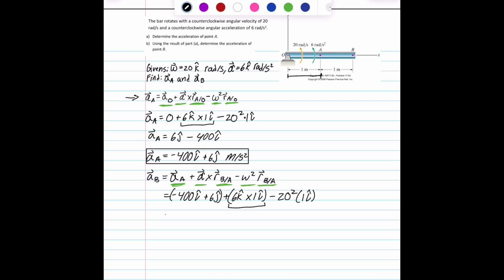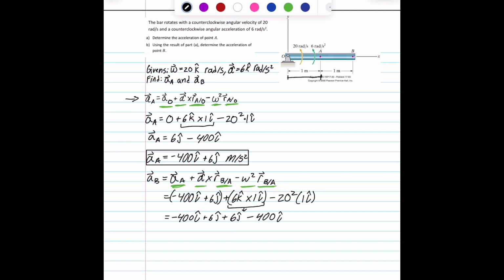Let's rewrite this, keeping the acceleration of A the same for now, and then adding 6j hat. Then 20 squared is 400, and it's going to be in the i hat direction.